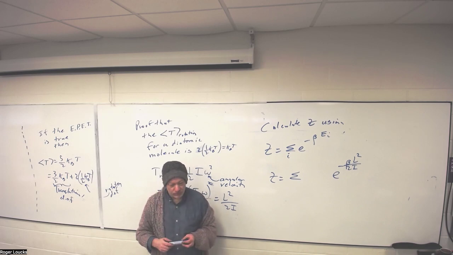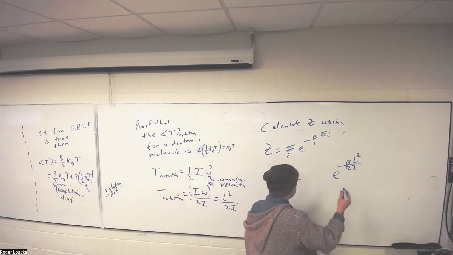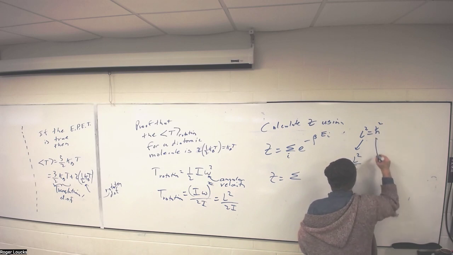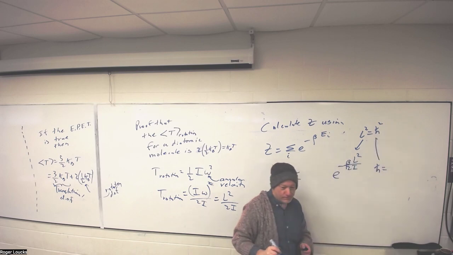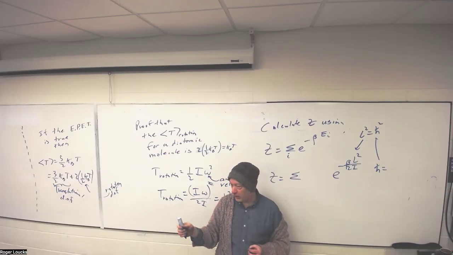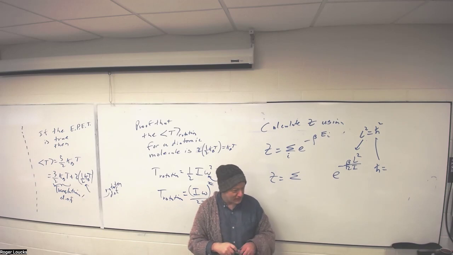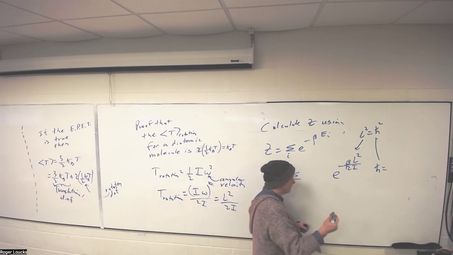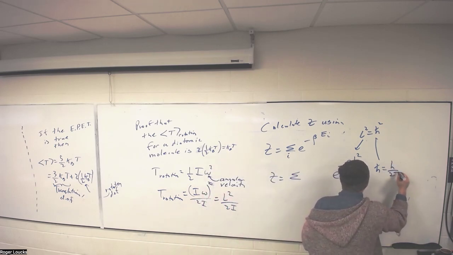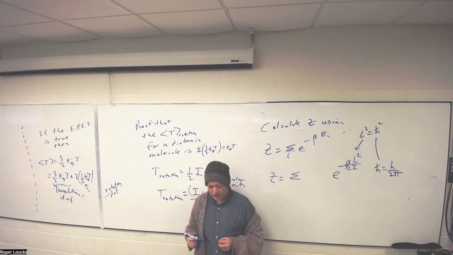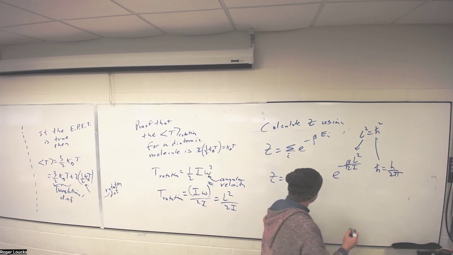It is H bar squared times L times L plus one. What is H bar? It's Planck's constant over 2 pi.